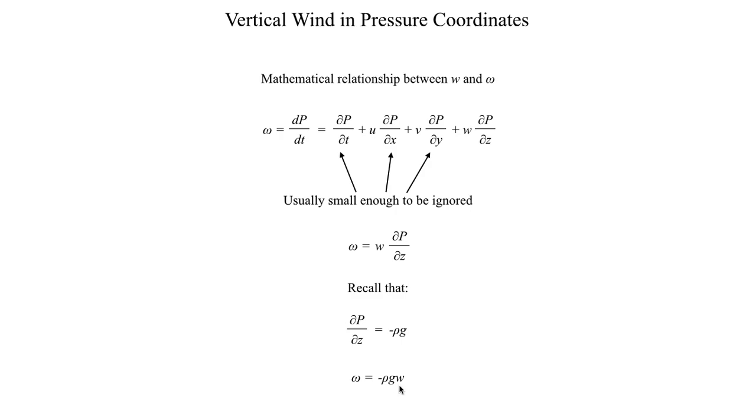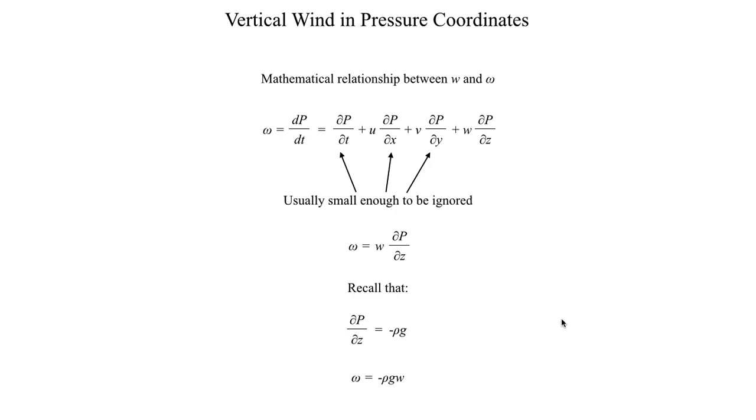If w is positive, then I'm going to have a positive value multiplied by a positive value multiplied by a positive value multiplied by this negative sign. So if w is positive, that means omega is negative, which is consistent with what we saw earlier. And if we have a negative value of w, then we end up with a positive value on the right-hand side of this equation, which gives us a positive value for omega, which again matches up with what we looked at earlier.